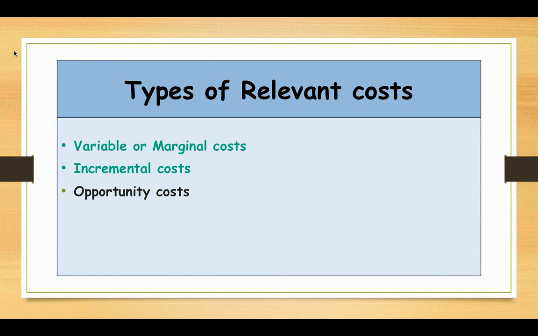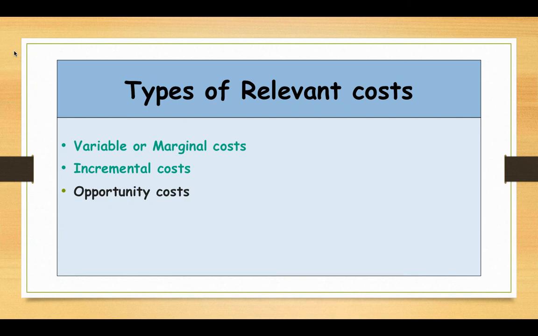So in this case, the company has given up its opportunity to have a cash inflow of £3,000 from the sale of an asset. So that £3,000 is a relevant cost. That is the opportunity foregone. Now we'll see another example, that is skilled labor.